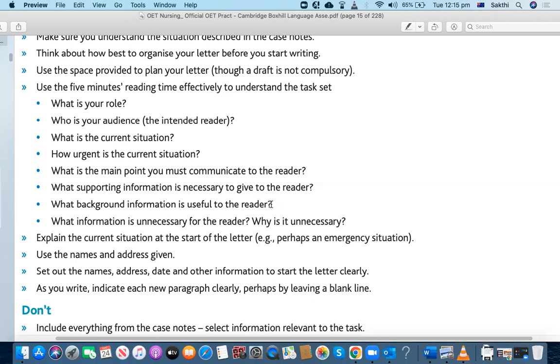What background information is useful to the reader? If you are writing a letter to a community nurse, you need to imagine that the community nurse is going to provide both the medical as well as the community care, I mean, social care.